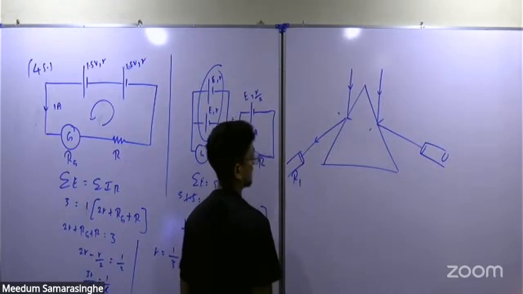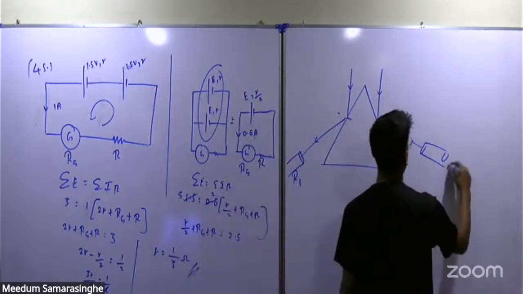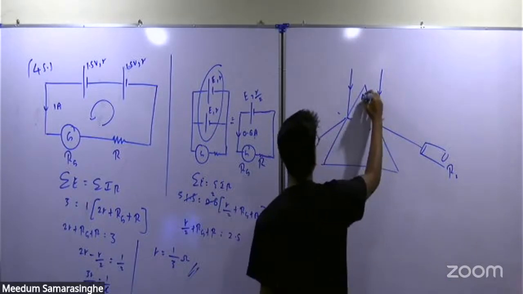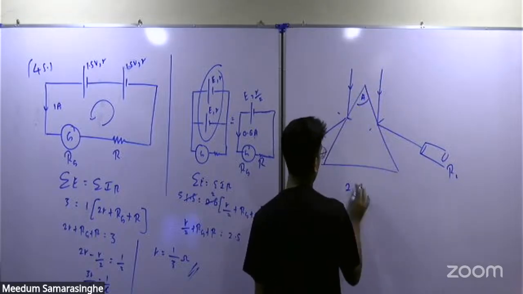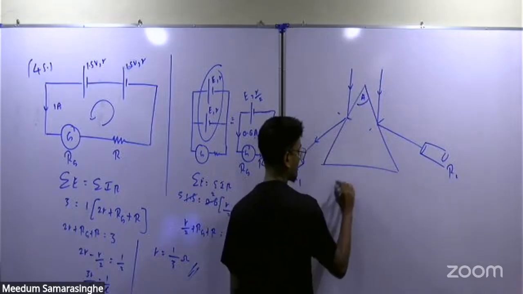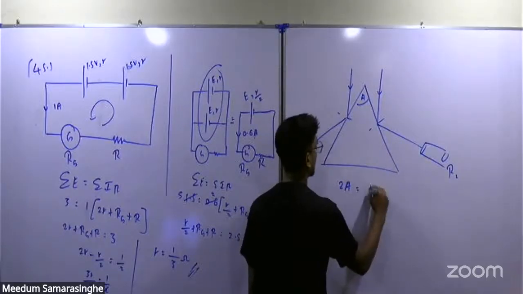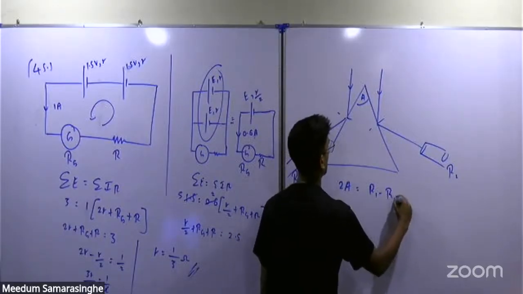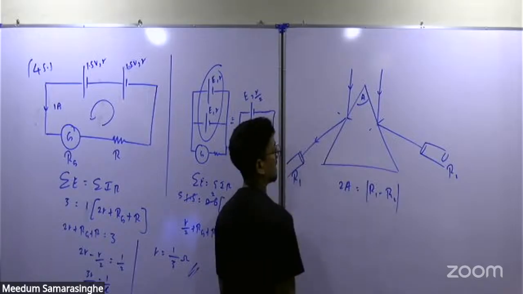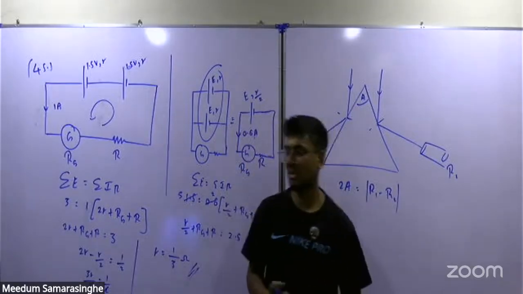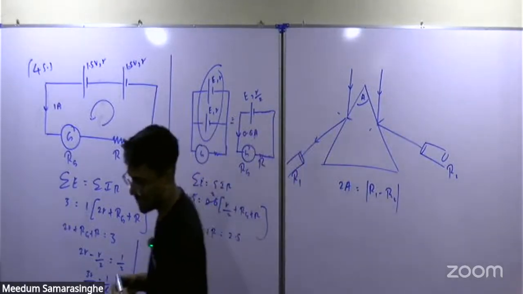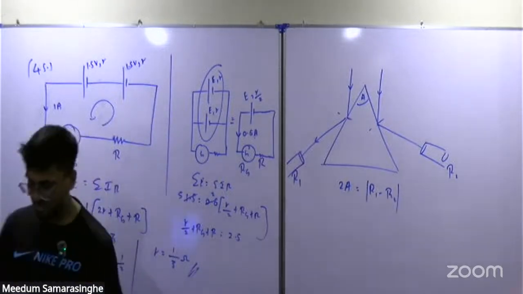Let's say the reading at this point is R1 and at this point is R2. The difference in the readings will give us 2 times the prism angle, right? 2A is equal to R1 minus R2.